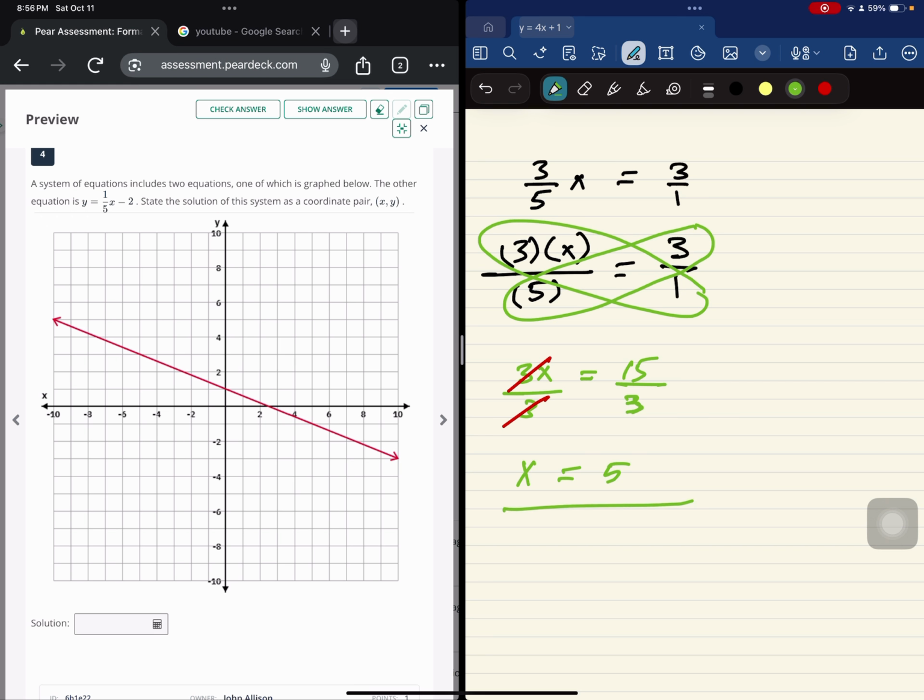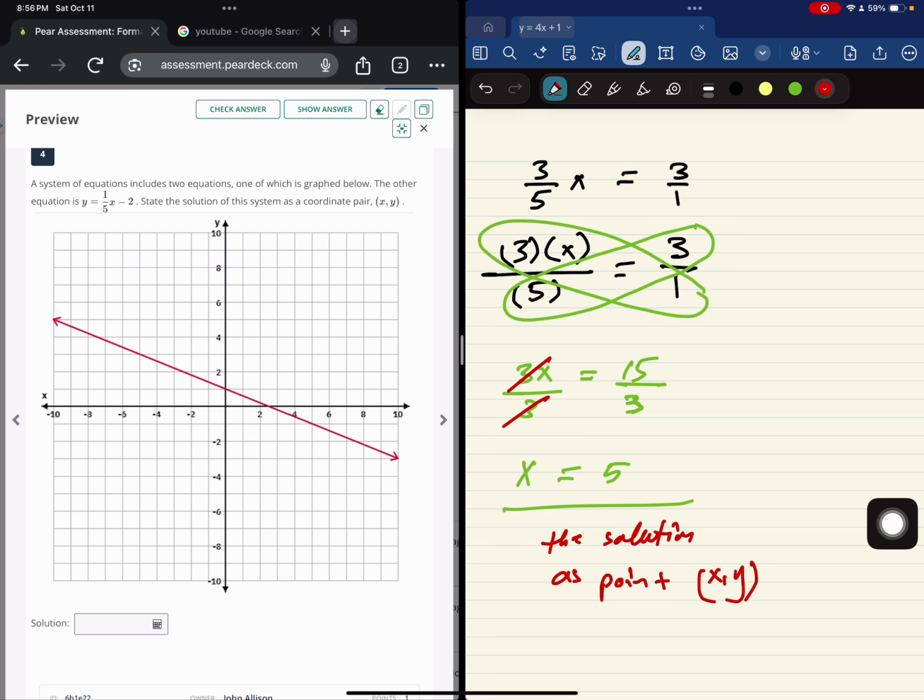But as we know, the solution is a point (x, y), and we can see this clearly in the question, because it is asking for a coordinate (x, y).